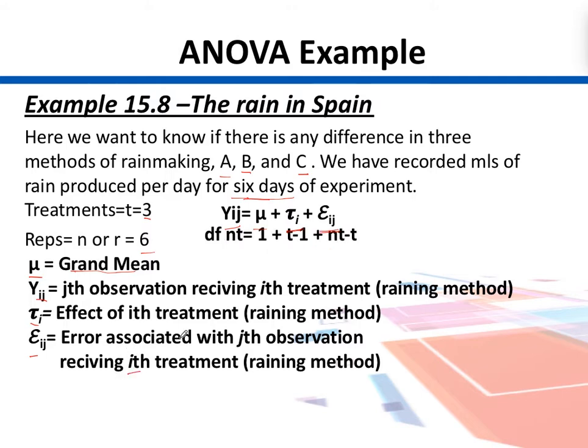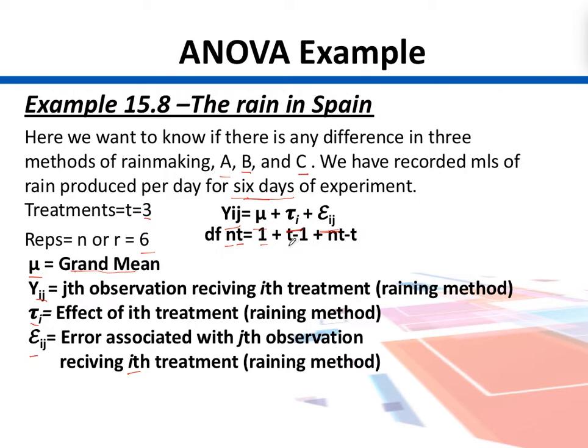Degrees of freedom. Total degrees of freedom here we have are n into t, where n is number of replicates, t is the number of treatments. So it is 3 into 6, that is 18. We have 6 replicates and 3 treatments, and one of them goes to estimate the grand mean.